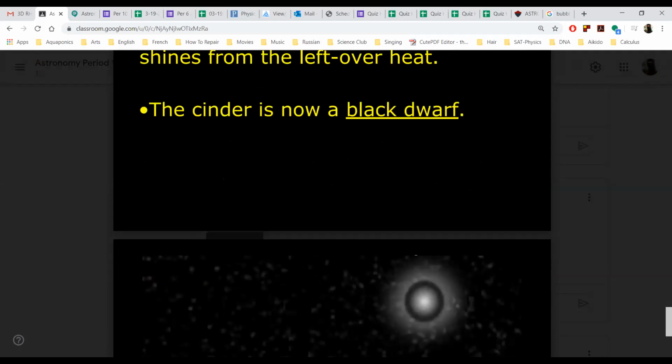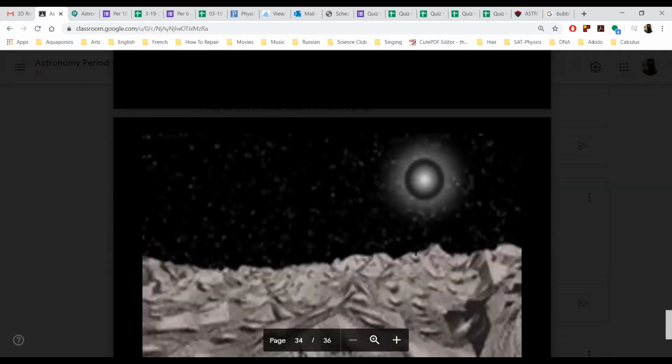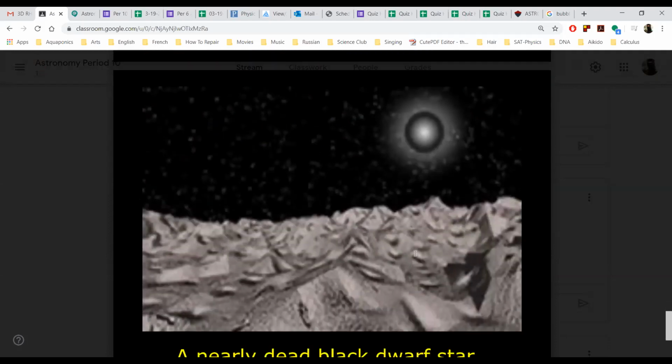So a black dwarf, this is slide 34, may look somewhat like that. Again, I'm not sure; this is how artists see it. If it has a little bit of light or a little bit of heat in the infrared spectrum, you should be able to see it. But other than that, if it's really cold, it will just blend with the backdrop of the cold space.